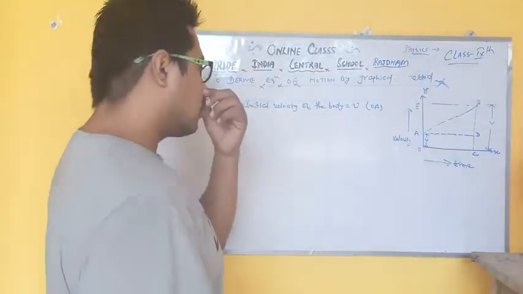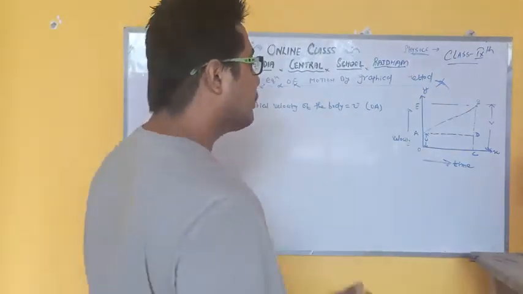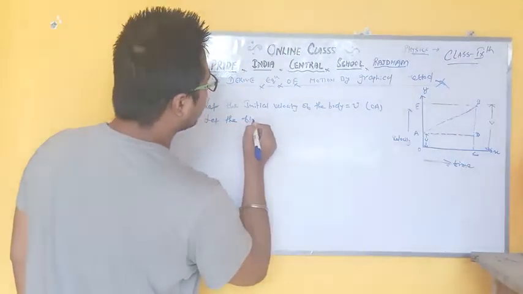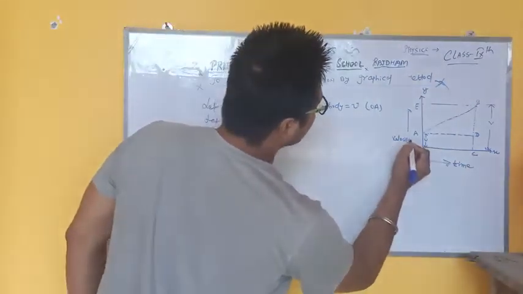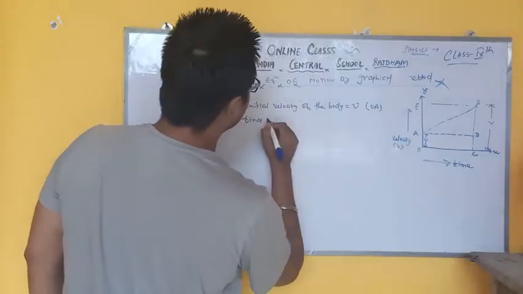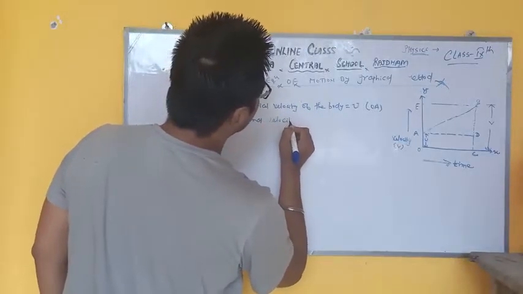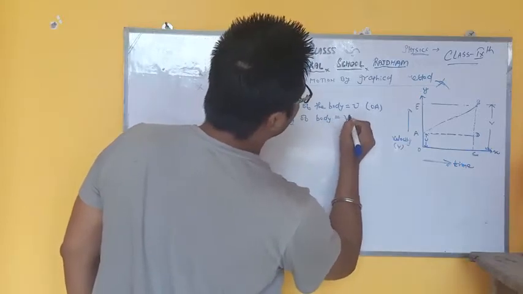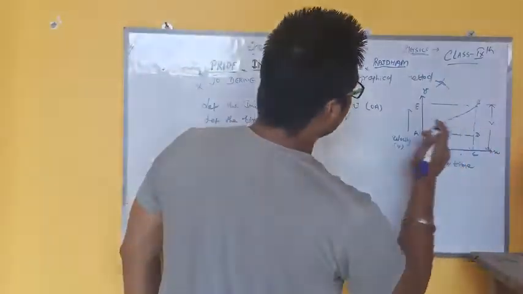Let the final velocity of the body be equal to v, which is nothing but BC.